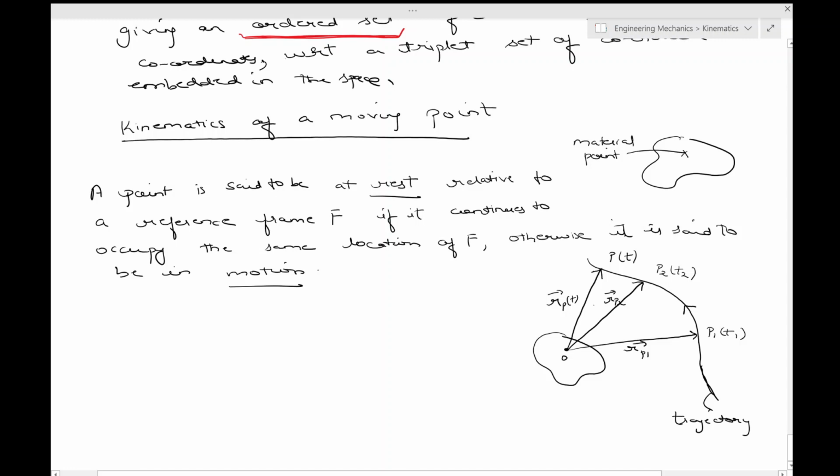Now we can also draw one more point, say O dash, some other reference point.